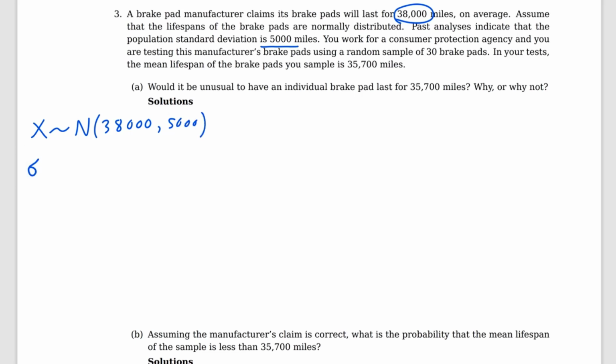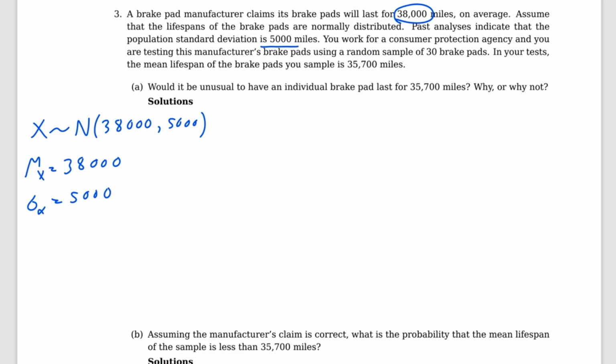If we write it another way, sorry, it is not sigma x, it is mu x equals 38,000, and sigma x equals 5,000, right?